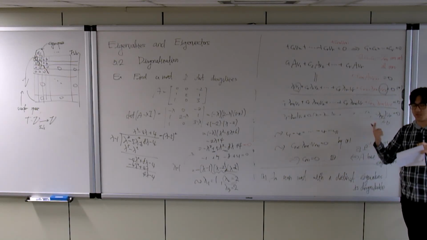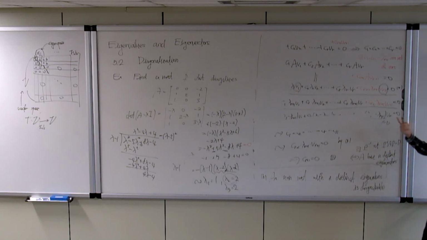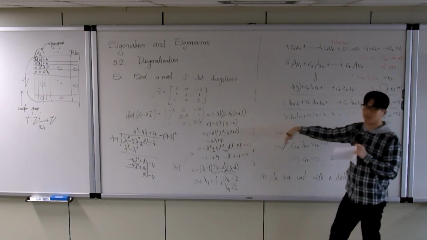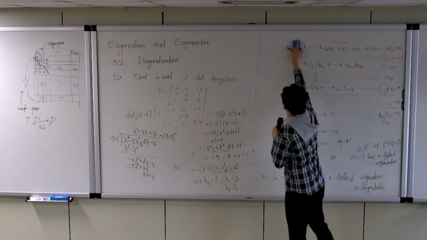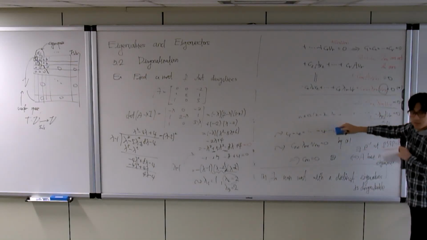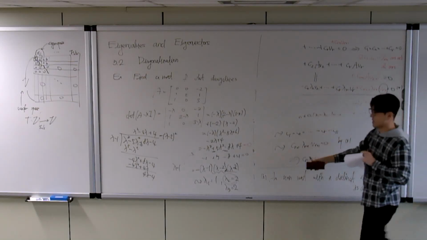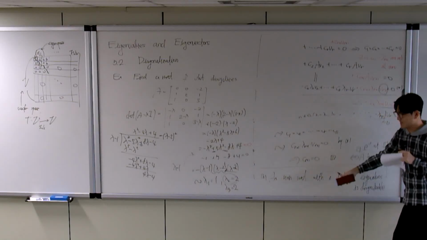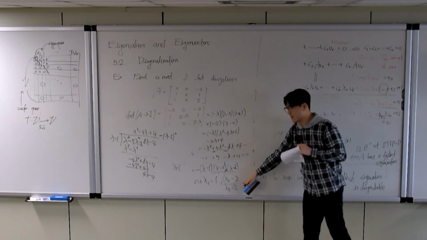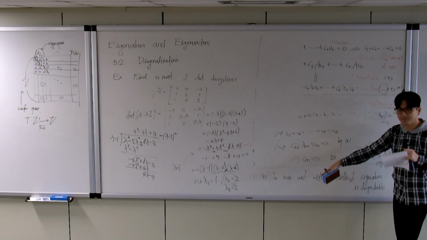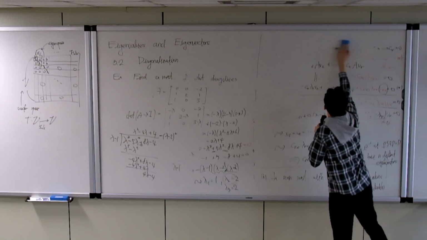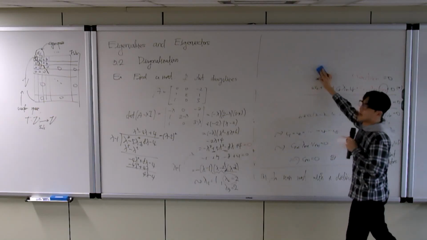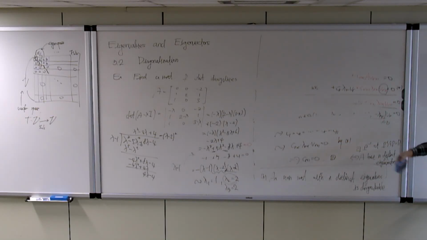Yeah, right. Exactly. In this case, we should check the eigenvectors, the eigenspaces, because from this information, we can have two linearly independent eigenvectors.